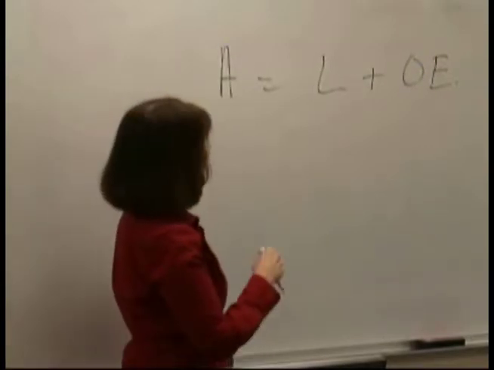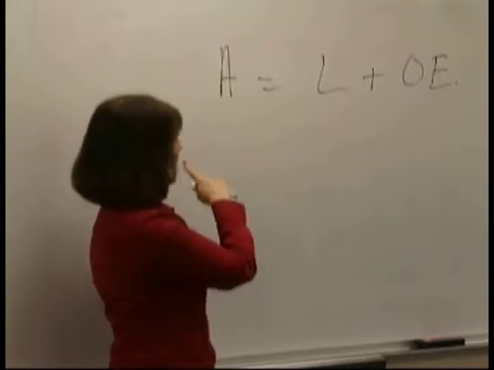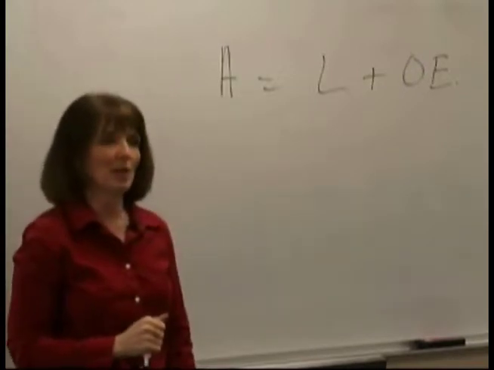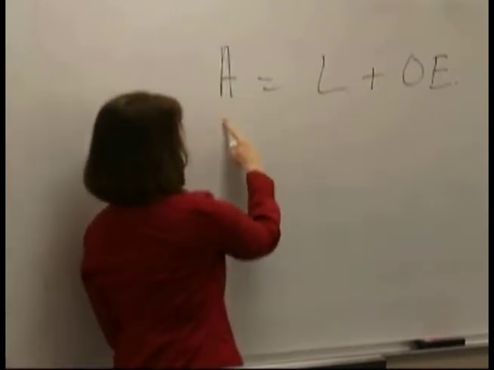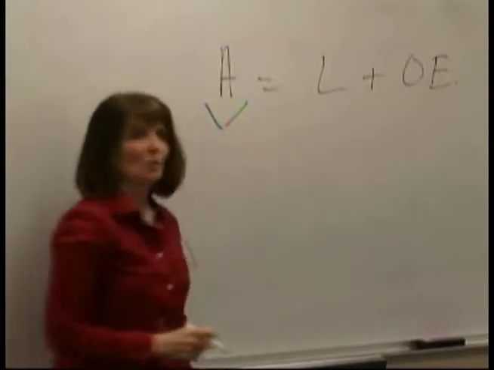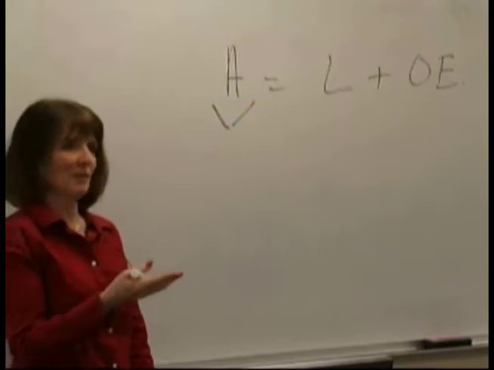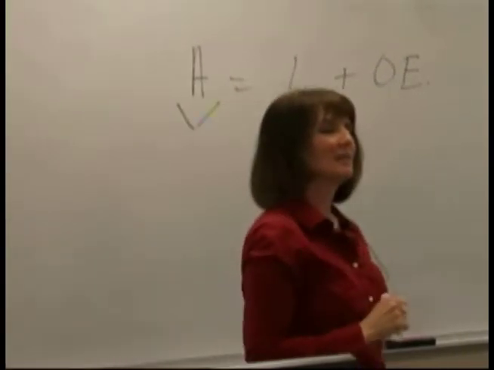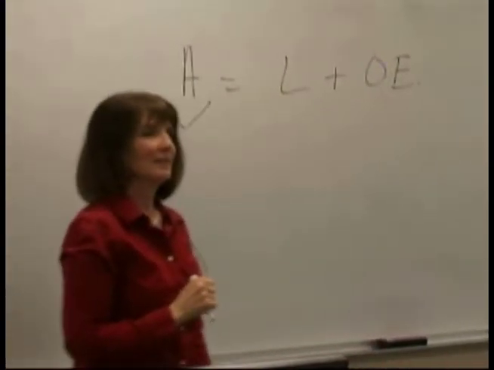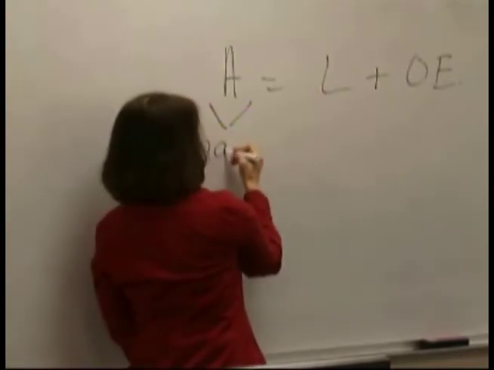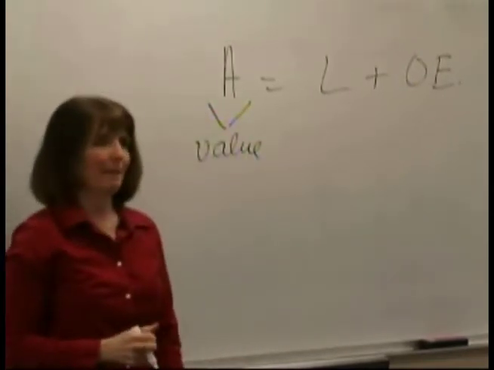Okay. Let's talk for a brief moment about each one of these, and then we'll repeat those again on Thursday. First of all, what are assets? What do you think assets are? When someone says you have a lot of assets? Assets are things that are valued. Good. Things of value.